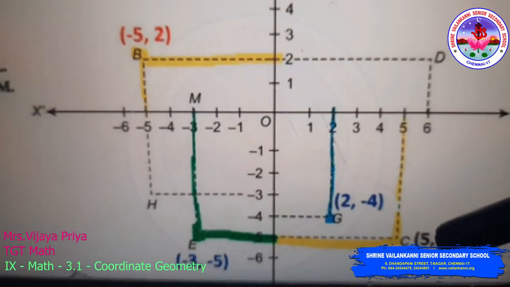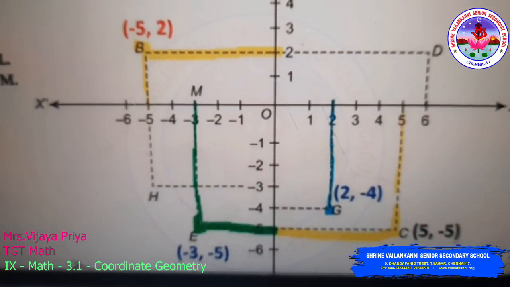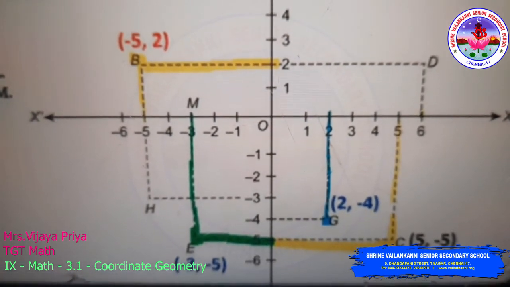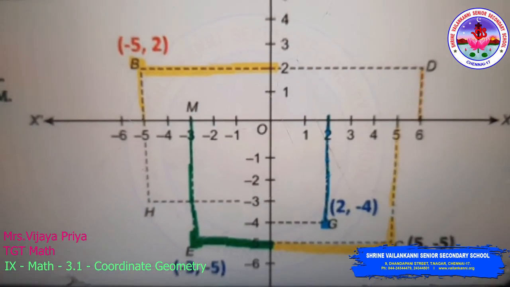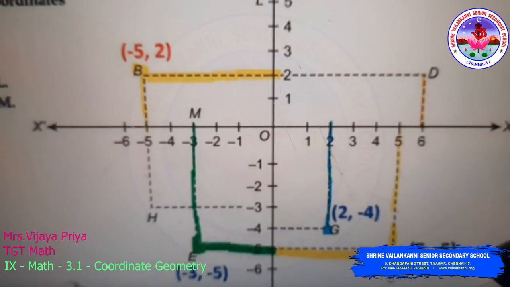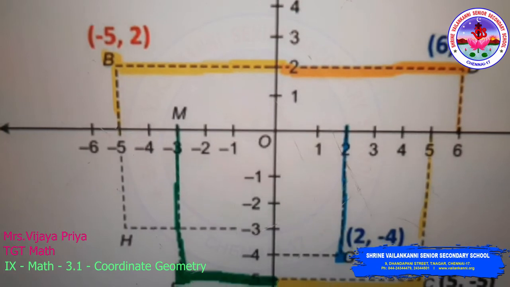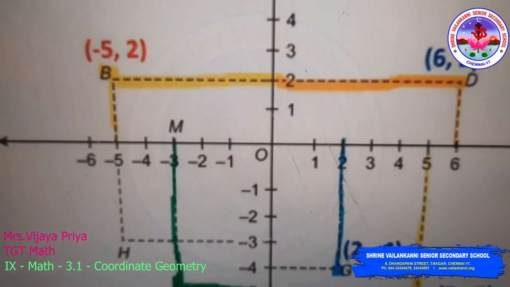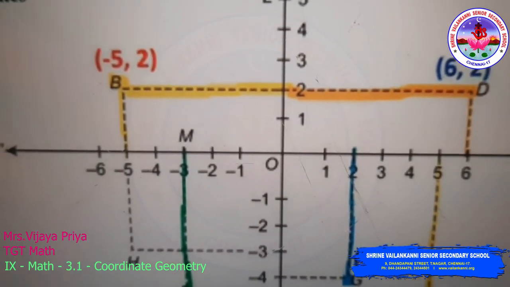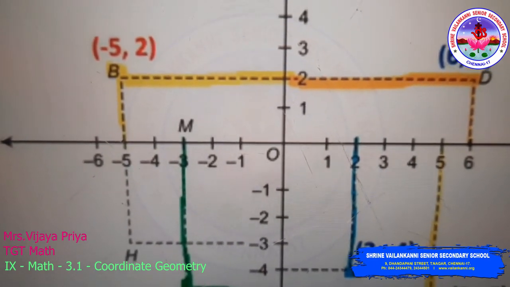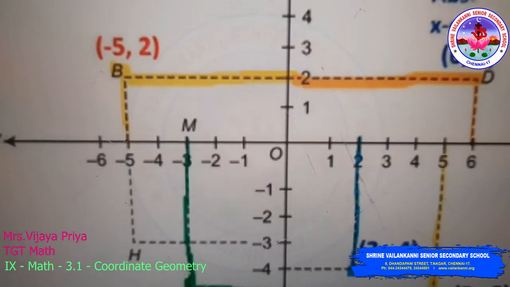Now the next subdivision: he wants you to find the abscissa of the point D, which means only the x value of the point D. You see that the point D lies here, and the coordinates of D are 6, 2. So my abscissa of D is 6.